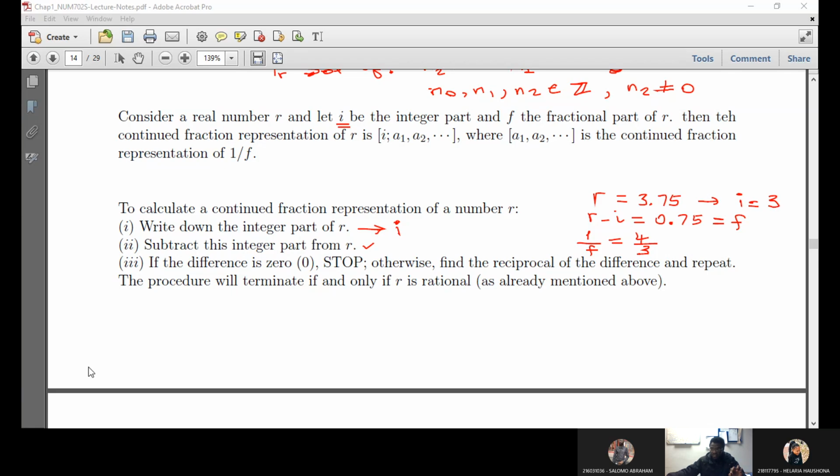So from this, you have to start all over. That is, you go back, you assume that it's a new R, you compute this real part, I mean, you extract the real part, and then the integer part, the new I, and then you subtract.